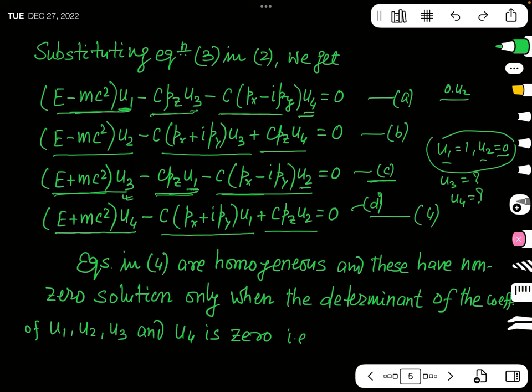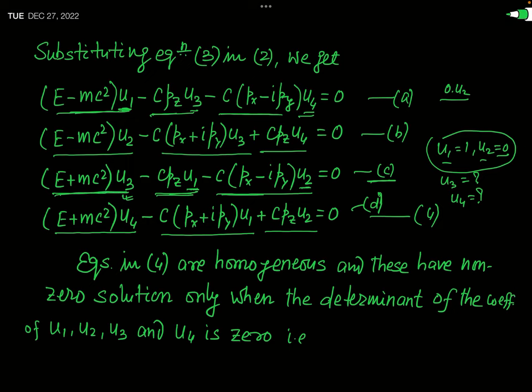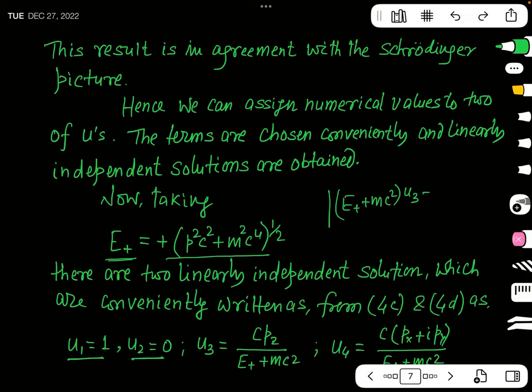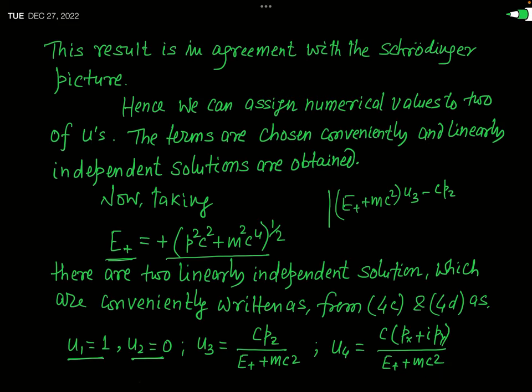Now see, this will be e plus mc square u3 minus cpz u1, but we have taken u1 equal to 1, and this third term will be 0. So what will be our result? We can see this is minus cpz u1, and u1 is 1, and the third term we have seen is equal to 0.